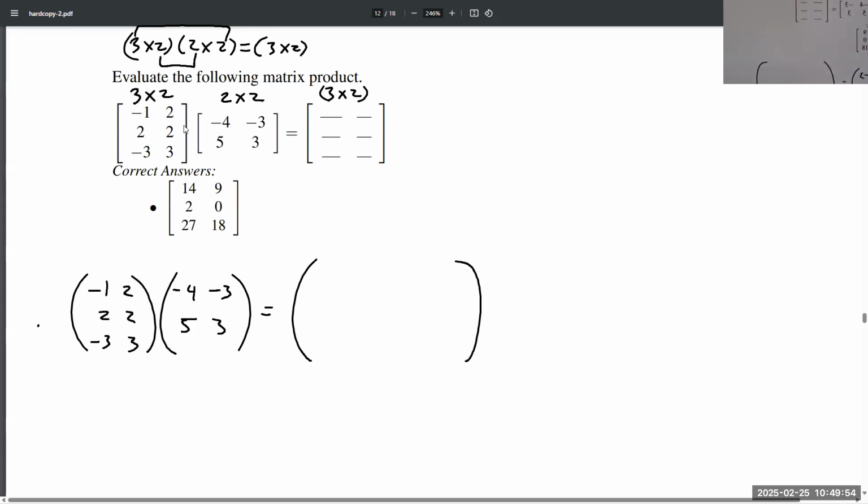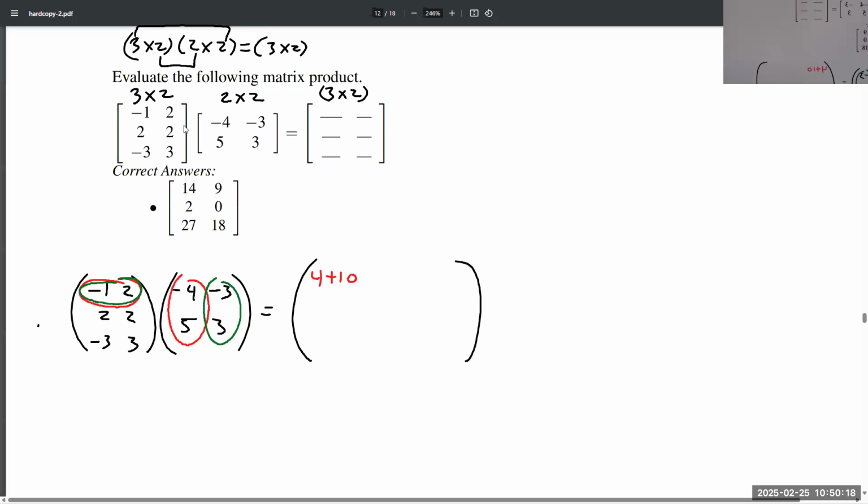Let's see if we can find it. Row by column. So -1 times -4 is 4, and then 2 times 5 is 10.